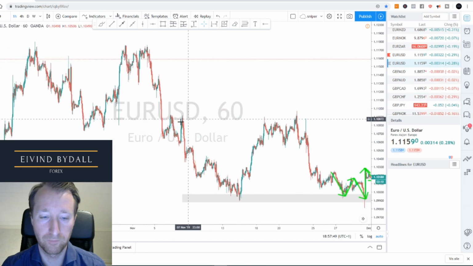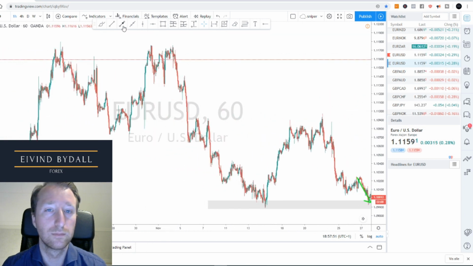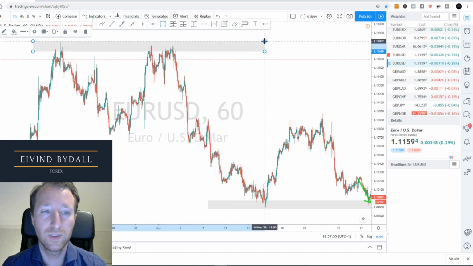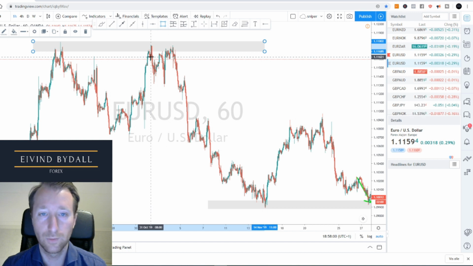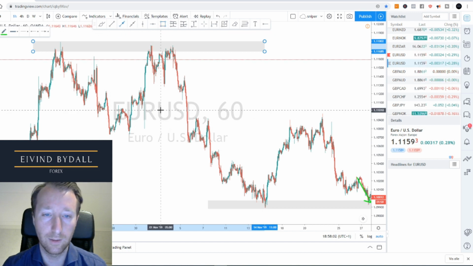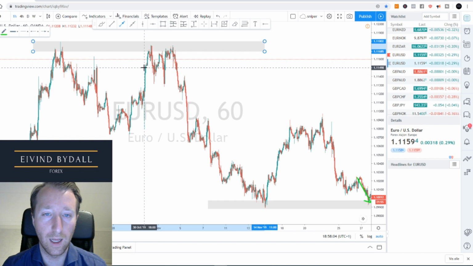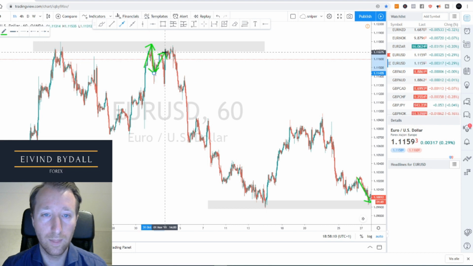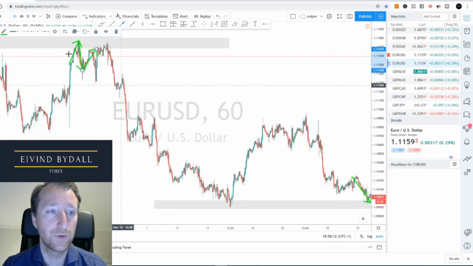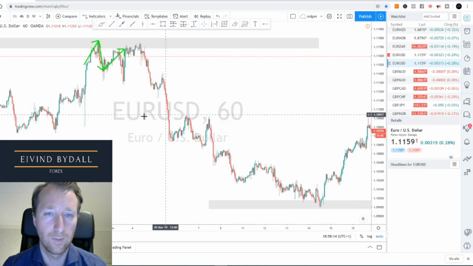Okay? Let's go to November now. What has happened here? First rule, resistance or support. Where are we now? We are at resistance. Okie dokie. Now we'll look for a double top. Let's see. Well, I would say within here you can say on a smaller time frame this is a double top.